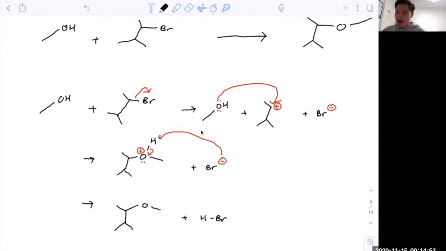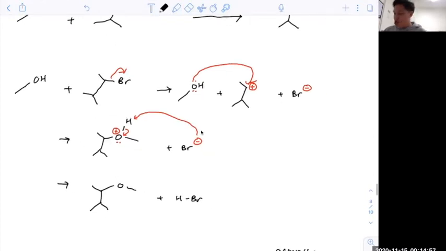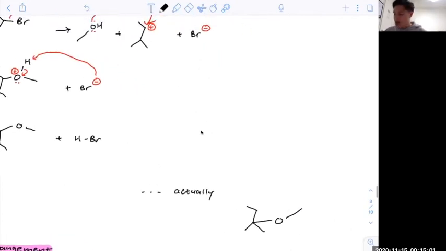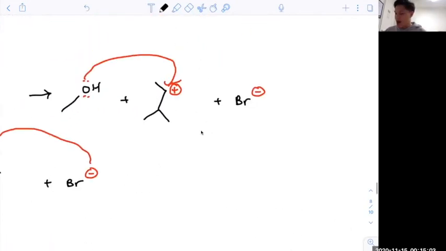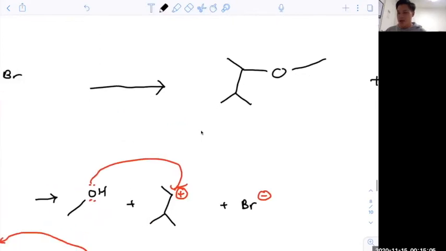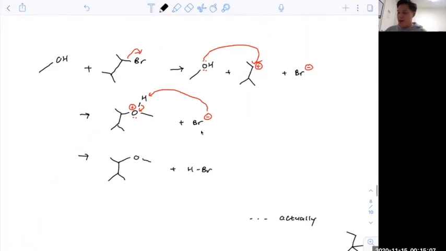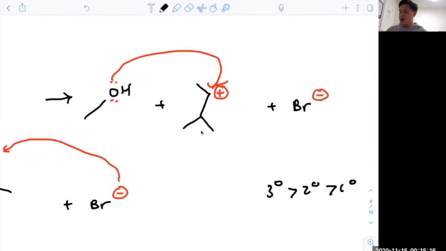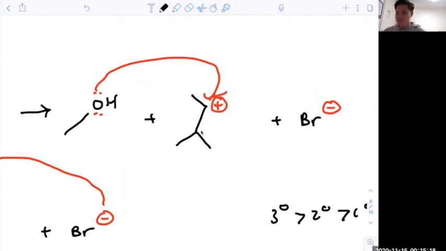But it's not really the case, and it's not what we see here. The actual product of this is down here instead of up here. So let's see why. Remember how I said tertiary carbocation is better than secondary and is better than primary? Look at this carbocation right here.